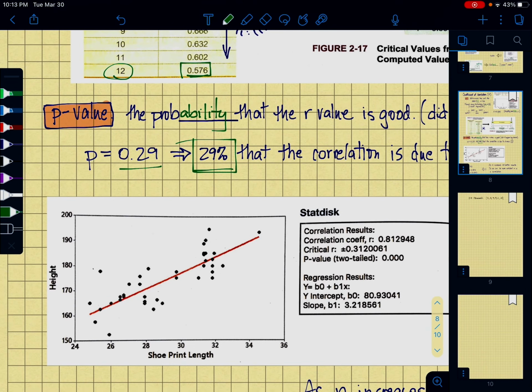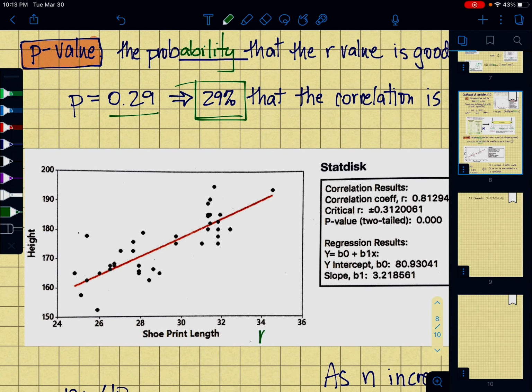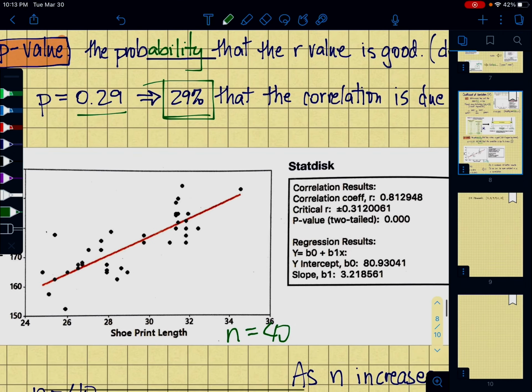So here they did the graph again. This time they went back and they got a lot more values. In fact, I think n is 50, or no, maybe it's just 40. There's 40 dots here. And our correlation coefficient has gotten bigger, closer to 1. More importantly, our p-value has gone down to nearly 0. It's not exactly 0, it never is 0, but it's close to 0.